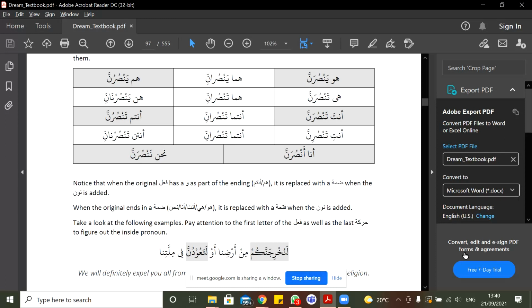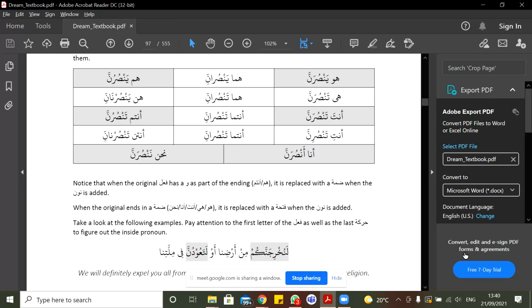If we delete the noon, then first tell me, if we have nukhrij, what is the beginning? The beginning is nu. So what is our inside pronoun here? We, nahnu. So what would be the original form of nahnu?